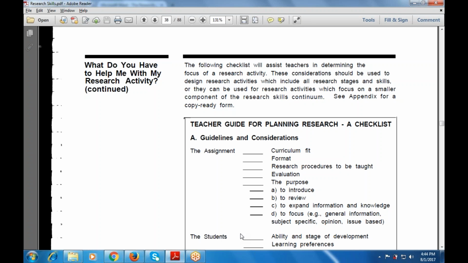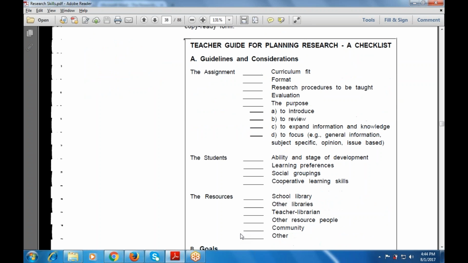The next is the students' ability and stage of development, learning preferences, social grouping, cooperative learning skills. And resources: school library, other libraries, teacher librarian, other resource people, community and others.